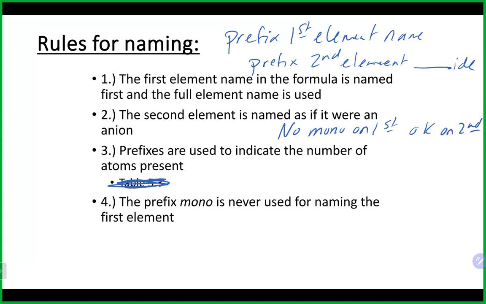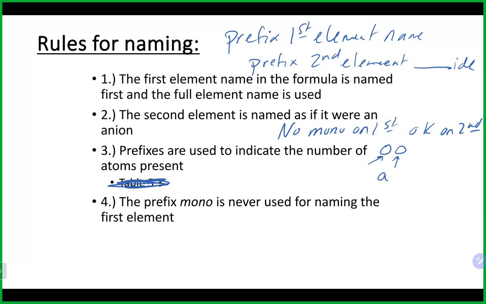The other thing that occurs a lot of times when we name these type 3 compounds and we use these prefixes is that the ending of the prefix and the beginning of the element name will put two vowels back to back. Sometimes you may get an O and an O that back up to each other, one from the prefix ending, one from the element starting.